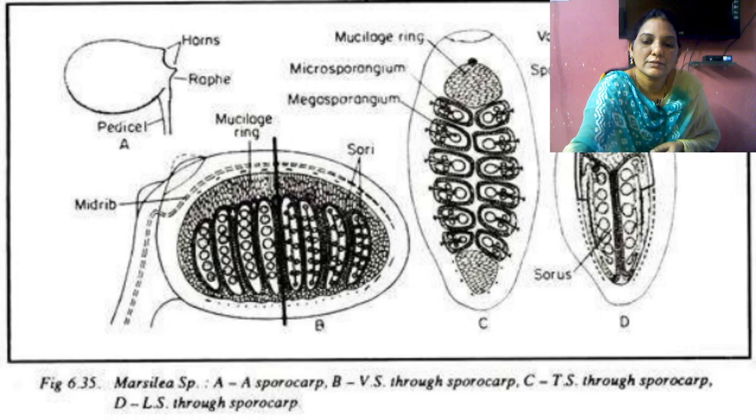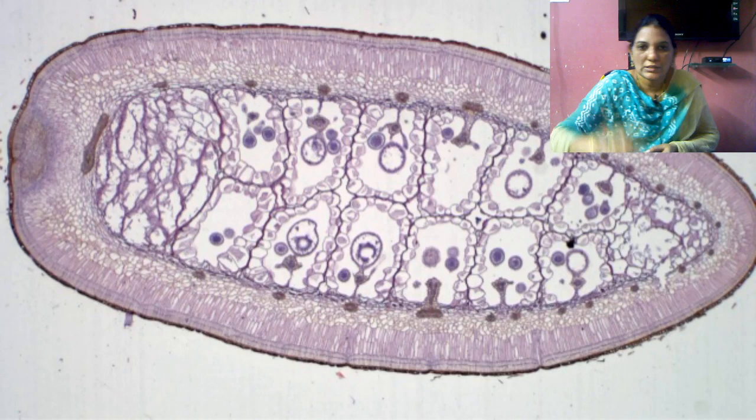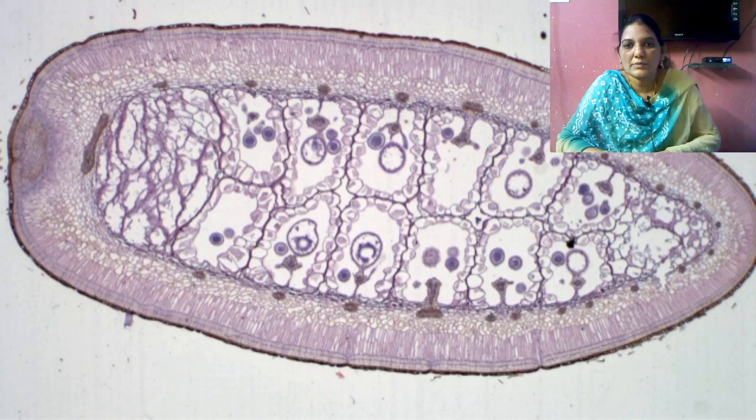We can see clearly here these two layers, called the indusium. One macrosporangium is present, and below the macrosporangium two microsporangia are present, and the stalk is attached with the layer.